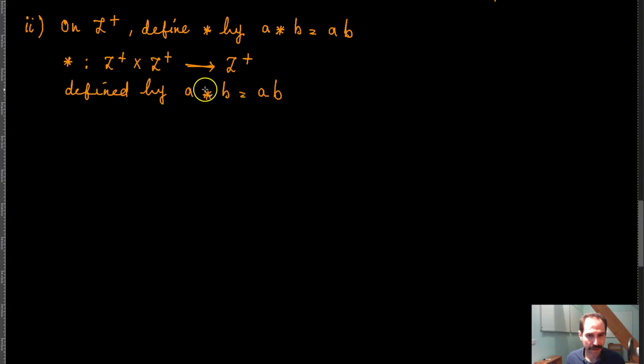Which means that A star B is actually the star of A comma B, for each A comma B that you can find in this set, and that is going to have an image which is A times B. Now, if star is supposed to be a binary operation, then this has to be a function.